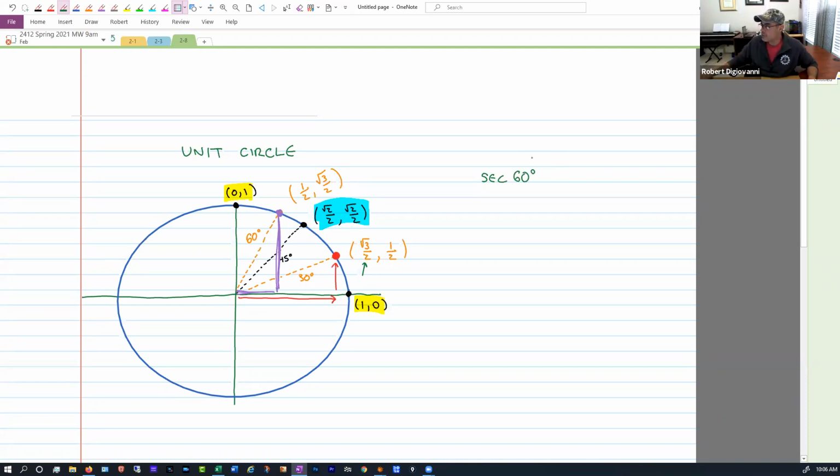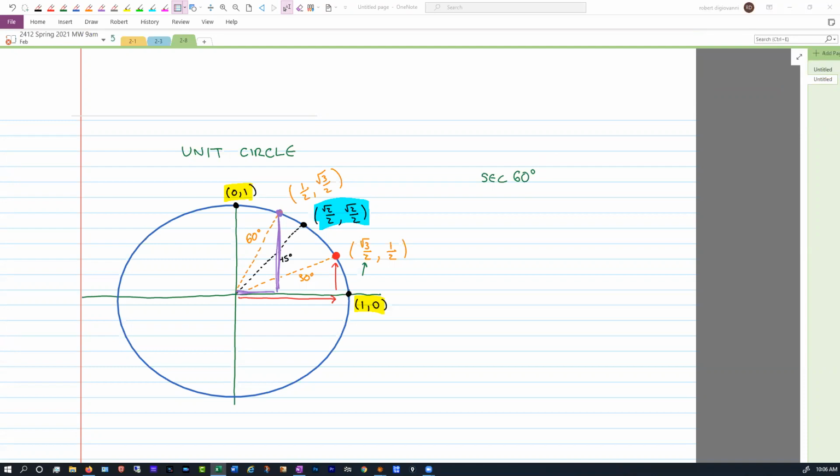Samuel? How's it going, Samuel? Good. Okay, secant. This circle only tells us about sine and cosine, right? That's it. So in order for you to do this, Samuel, you're going to have to tell me how secant is related to sine and cosine.